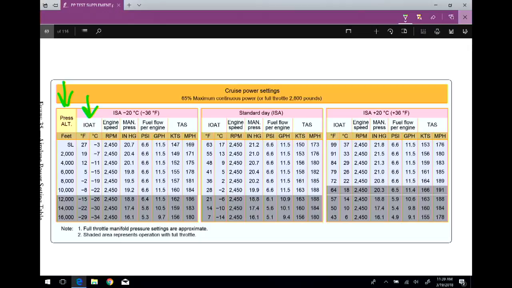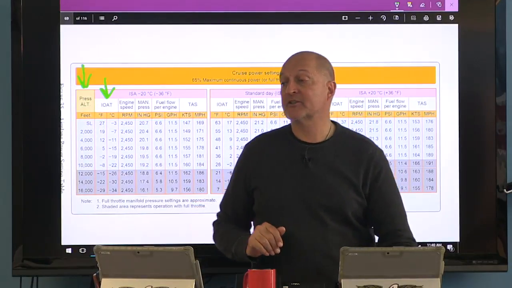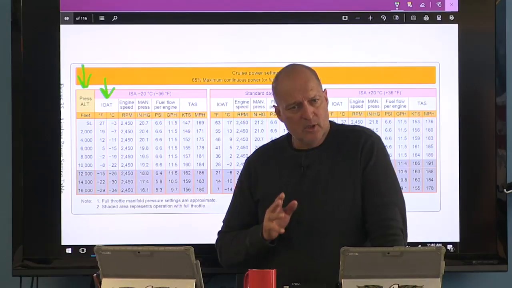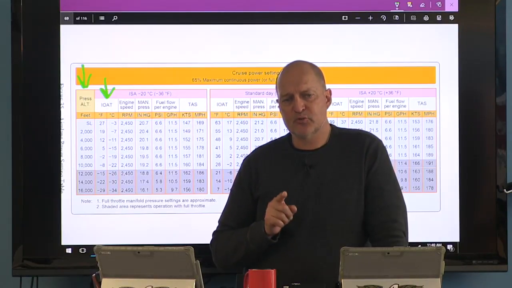What RPM? Revolutions per minute. That spinny thingy out front, right? Man pressure. Is that like what kind of man pressure I'm going to put on something? Oh, manifold pressure. Oh, it's a little different then. Okay, never mind what I said. Manifold pressure. What kind of an airplane are we going to find a manifold pressure reading?